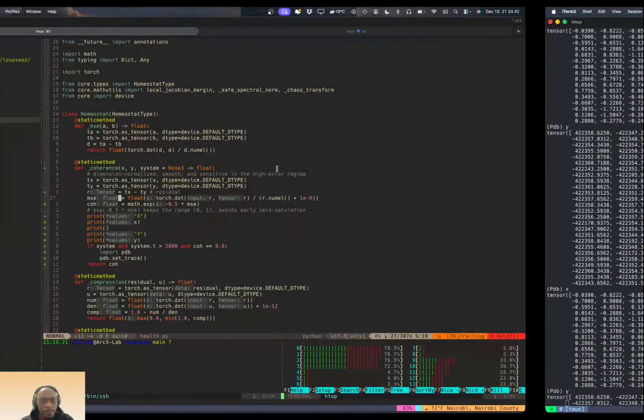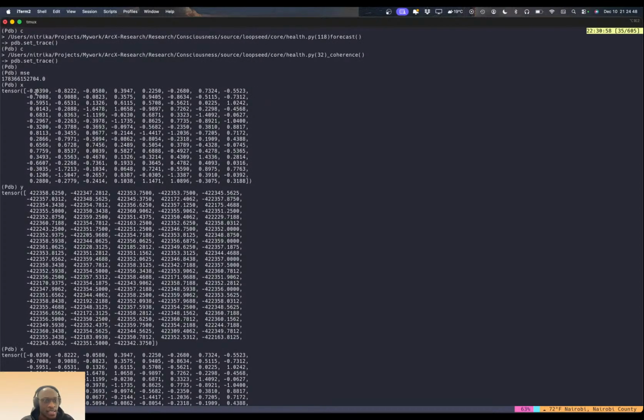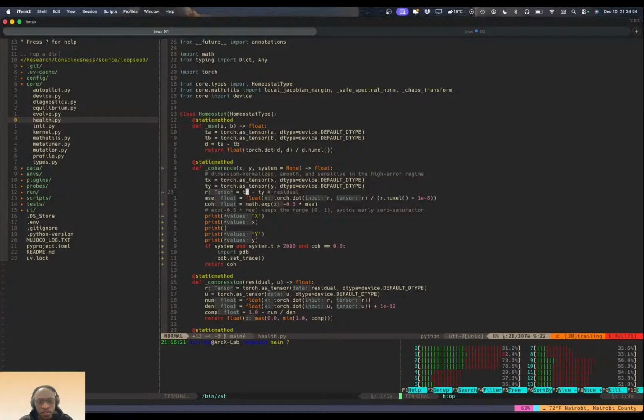If this is y, then x minus y will be a large negative value, and then you perform the dot function on that. Say this is r squared. If you have 500 as y, so a residual of minus 500, then r squared gives you 250,000.